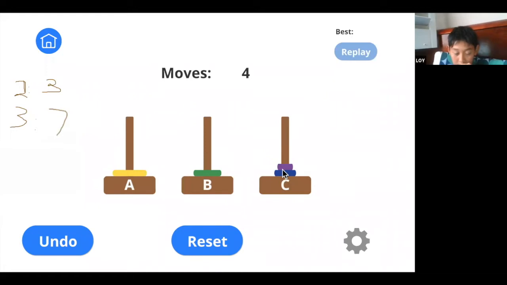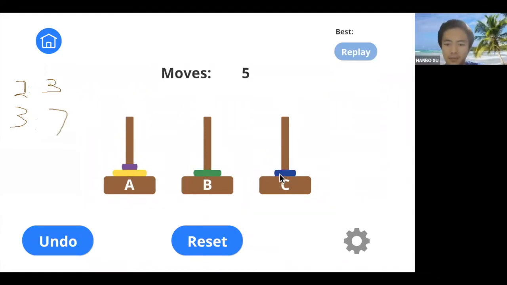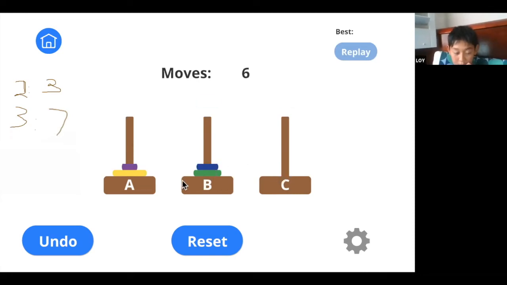The purple ring to the A. The C ring to the B. The purple ring to the B. The A ring to the C. The purple ring to the A. The blue ring to the C. The A ring to the C. The purple ring to the A.